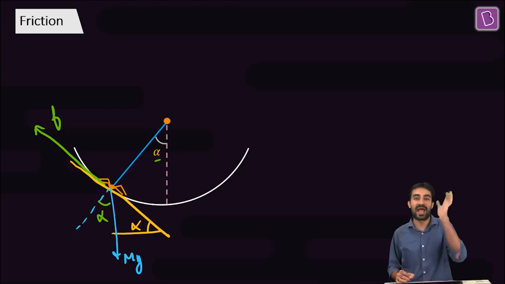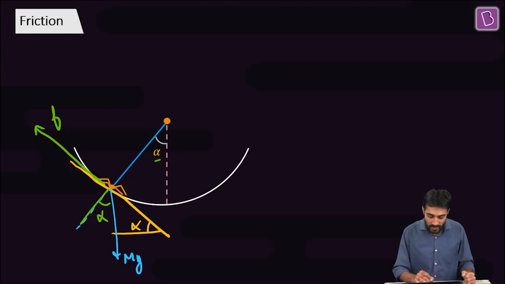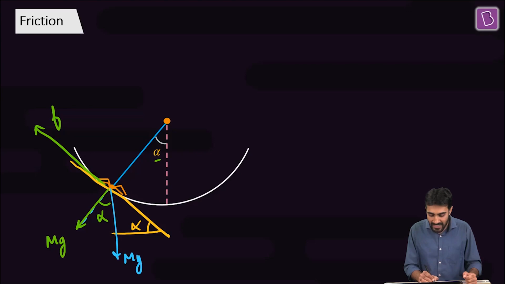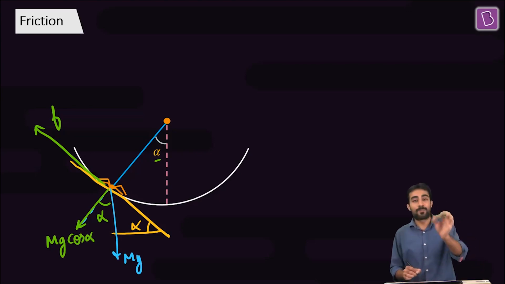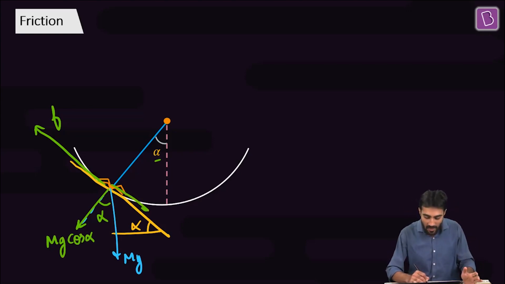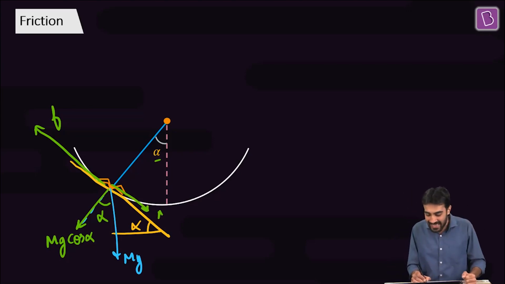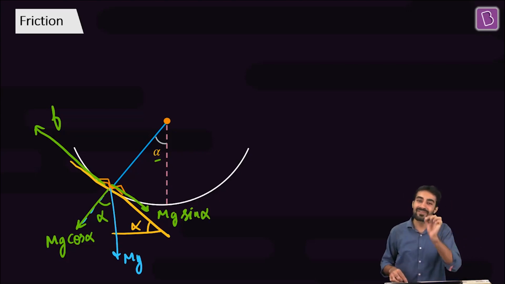Can we say that? Right. Now, there is a force on the insect. One component of mg is mg cos alpha, and the other component of mg is down the incline, or down this imaginary tangent, as mg sin alpha. Can we see that? Right.